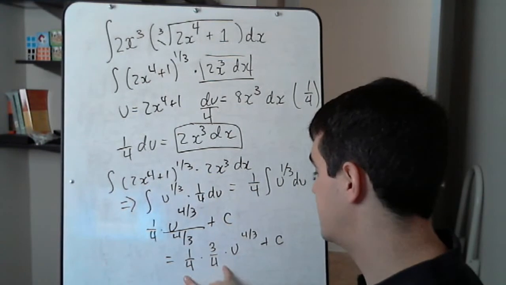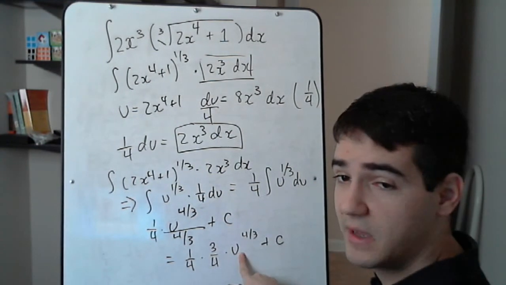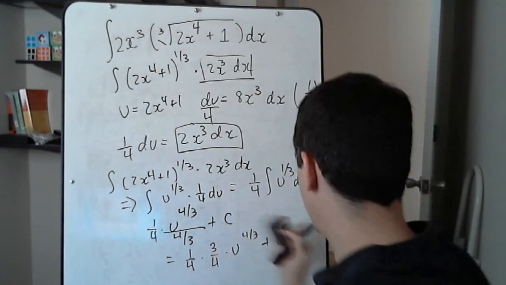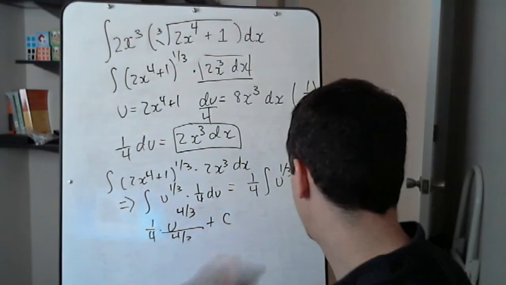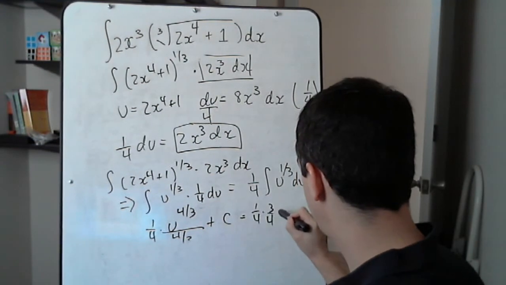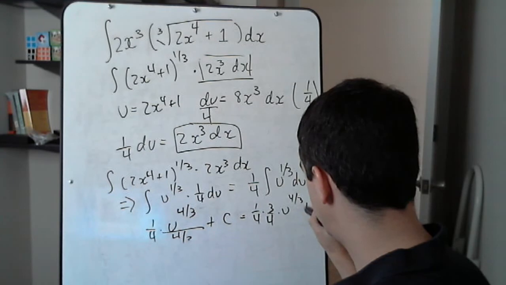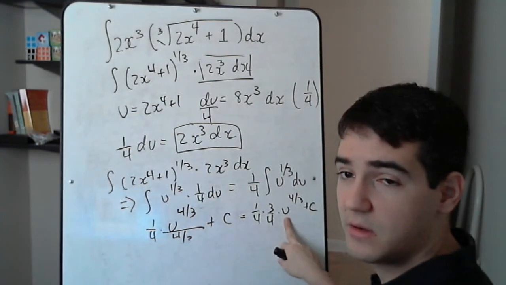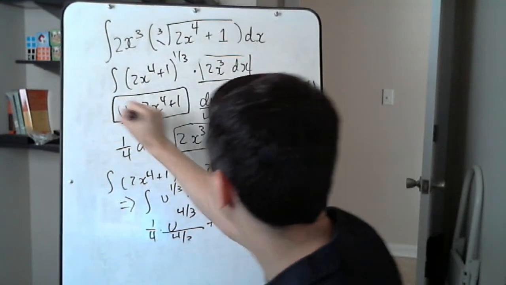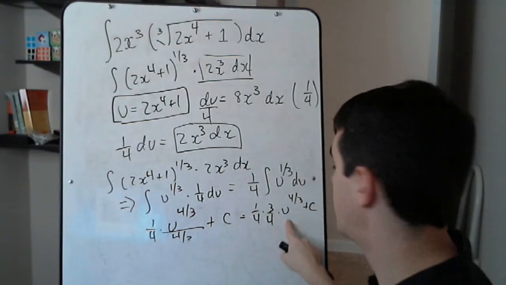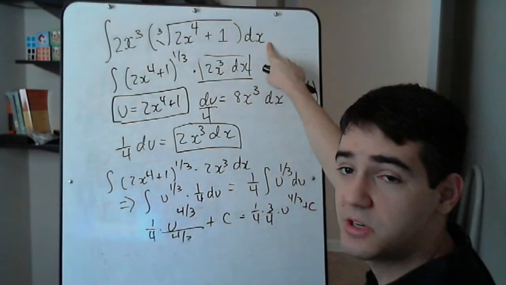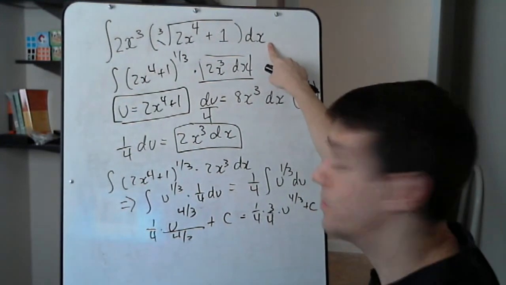We want our u back, so we're going to plug in what we had for u right here, and plug that right back into the function, because the original problem is in terms of x, not u.